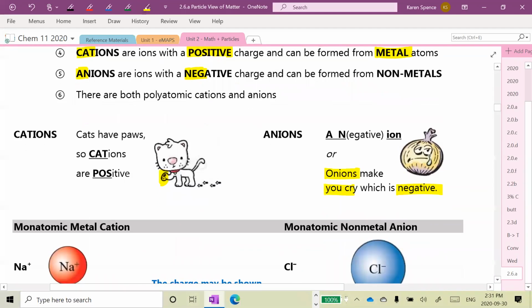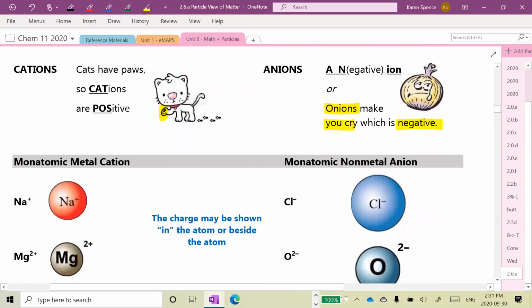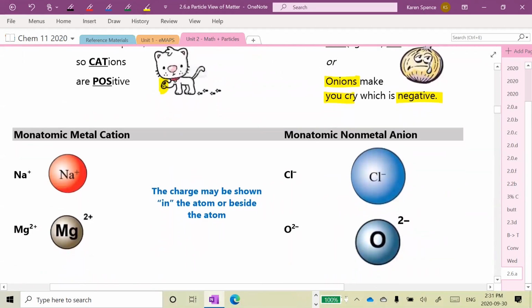But appreciate the little clip art because I thought it was really cute, okay? So we could have a monatomic metal cation, because remember, cations are always metals, as long as it's monatomic, and anions are always non-metals. In the next unit, we'll look at why, but for now, you're just going to believe me.